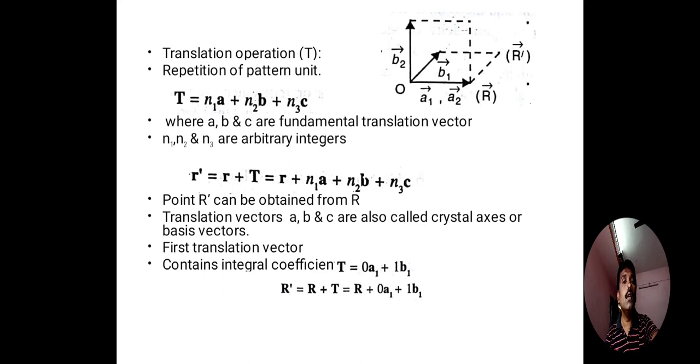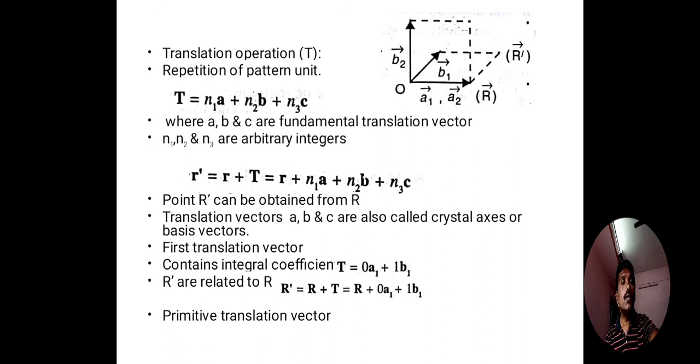In that case R dash is formed from R plus T, where T is the translation vector generated containing integral coefficients. Such a translation vector is called a primitive translation vector. Vectors which contain integral coefficients are called primitive translation vectors.